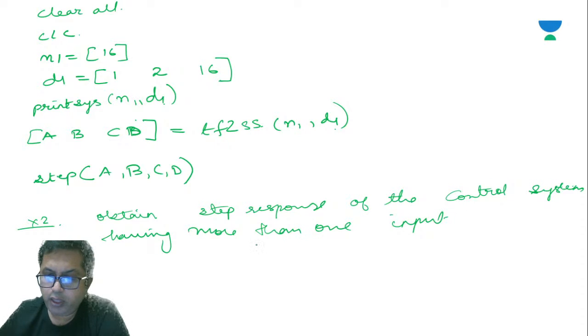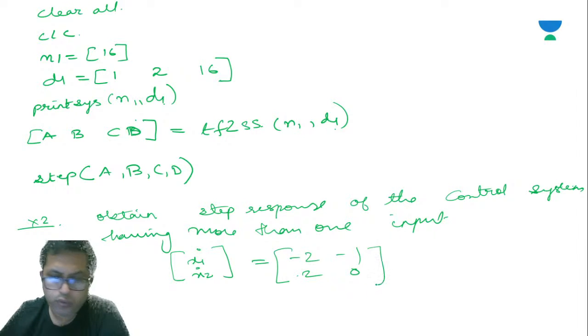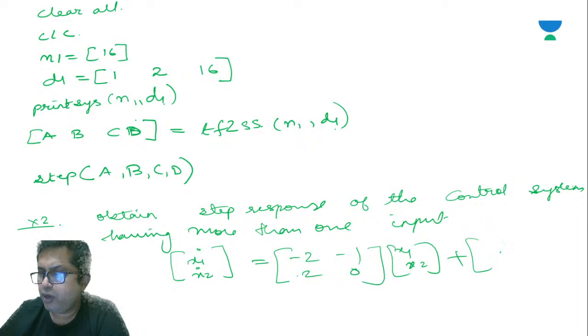Okay, so it is given x1 dot, x2 dot is equal to [-2 -1; 2 0] times x1 x2, plus [1 1; 2 1] times u1 u2.